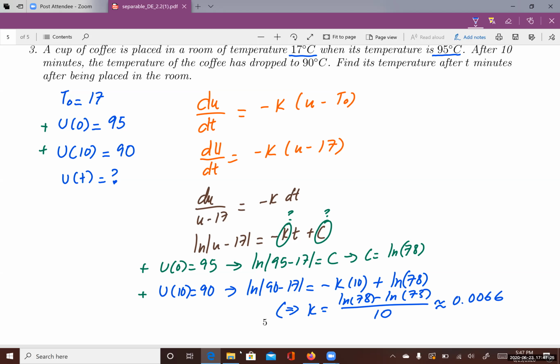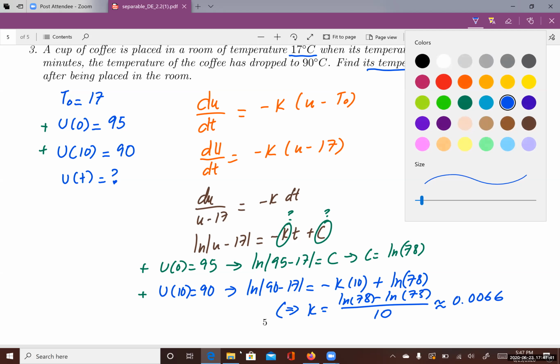Okay. Well, I found k, I found c. That means I found my function, my coffee's temperature function. So I need to plug k and c in here, right? Once I found k and c, I plug them in.